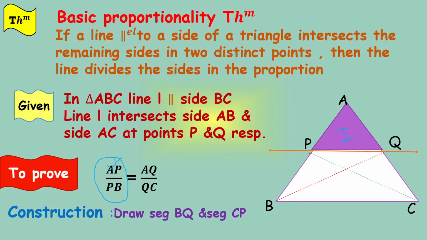Therefore PBQ, this triangle. Observe, for these two triangles, the base AP of the first triangle and the base of second triangle, that means BP, lie on the same line.